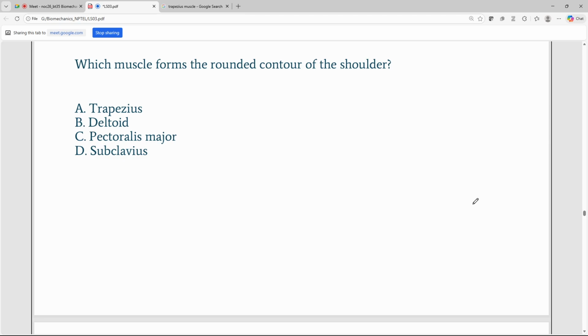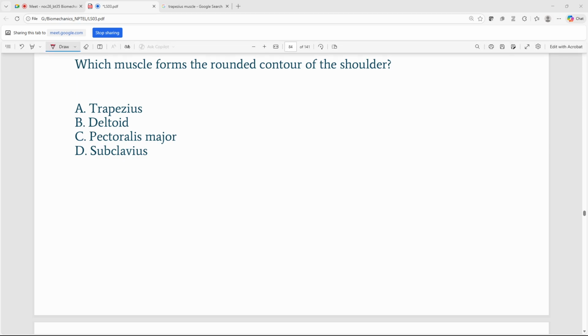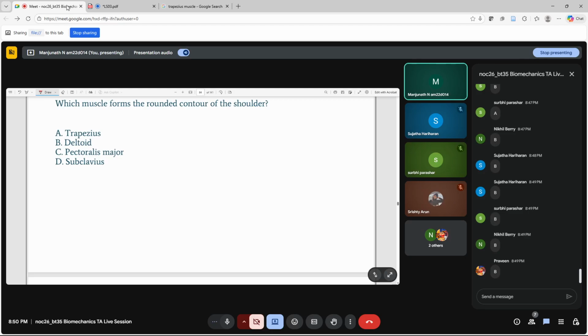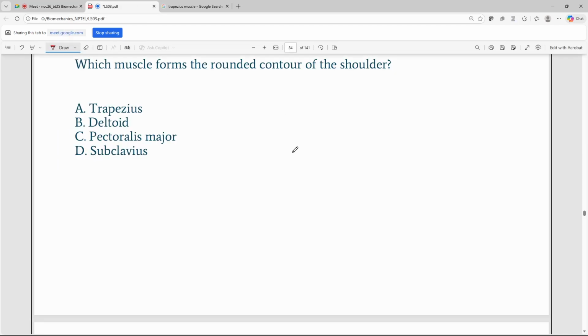Options are trapezius, deltoid, pectoralis major, subclavius. Yes, option B, deltoid.